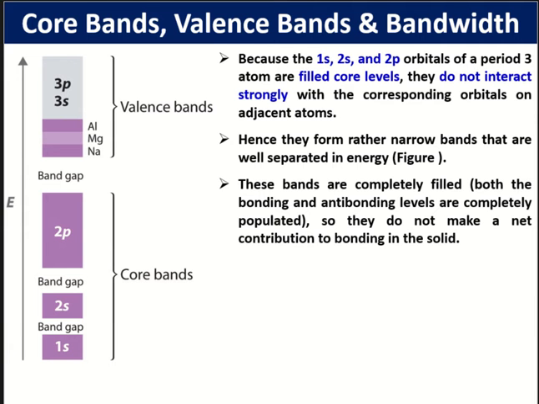aluminium, magnesium. So sodium, in the case of sodium, the 3s orbital can accommodate 2 electrons, and the 3p orbitals can accommodate 6 electrons.